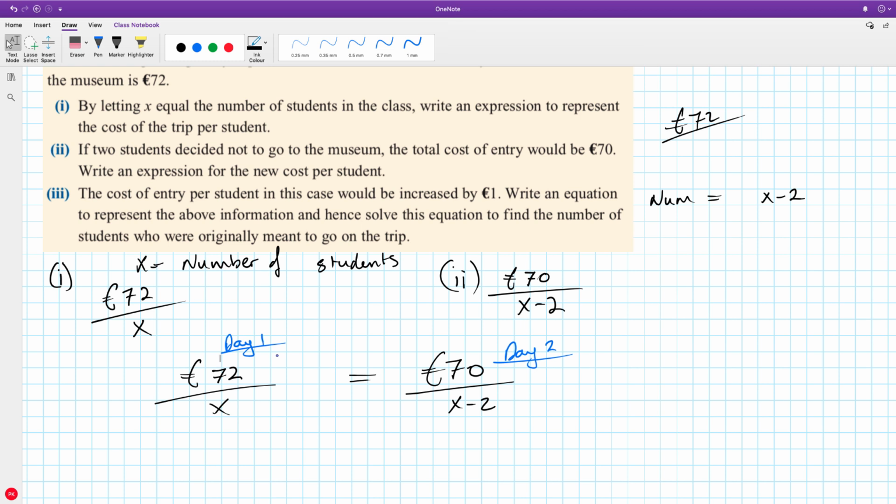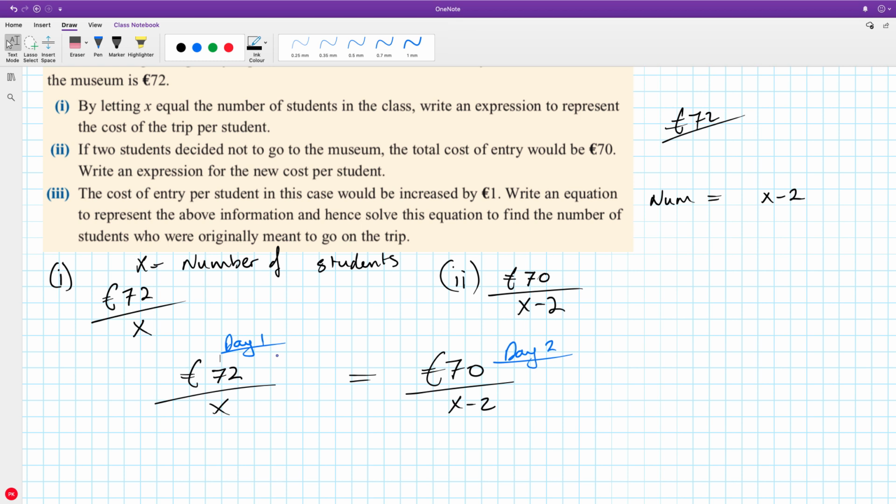X is the number of students, so day 2 is X minus 2. You went day 1, you paid €12. How much did you pay in day 2? What does part 3 tell us? €1 more, so you paid 13. You went day 1, you paid €20. How much did you pay day 2? 21. You paid €1 more.